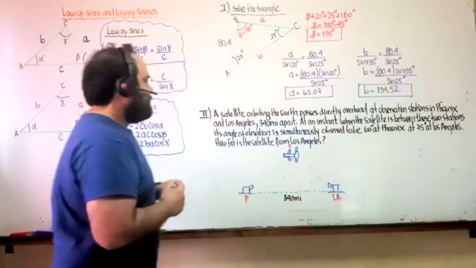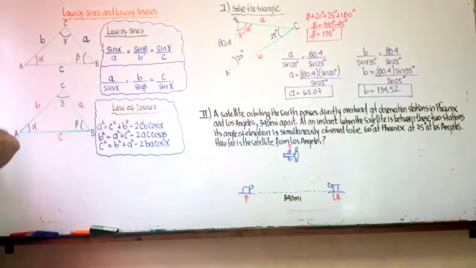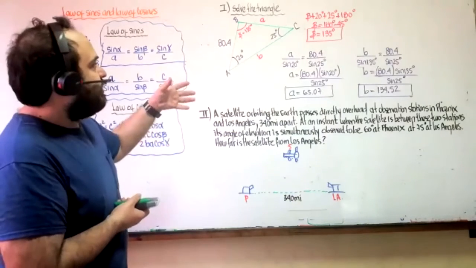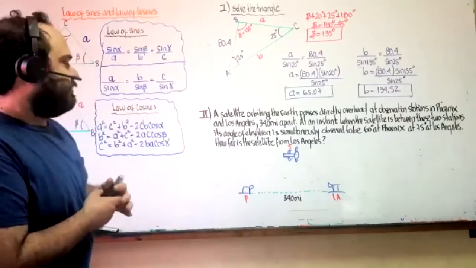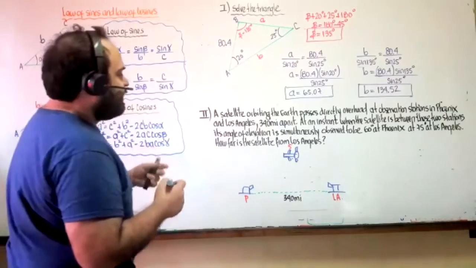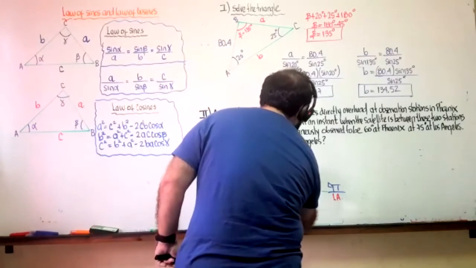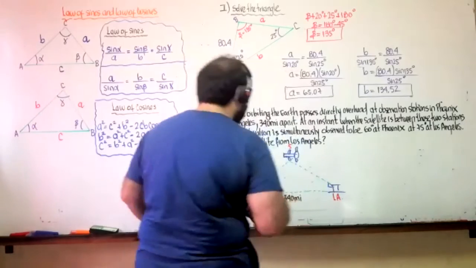Now, at the instant when the satellite is between these two stations, the angle of elevation, what does that mean? Angle of elevation means when you raise your head to see a single object. The two observation stations are looking for the satellite, one over here and the other over here.